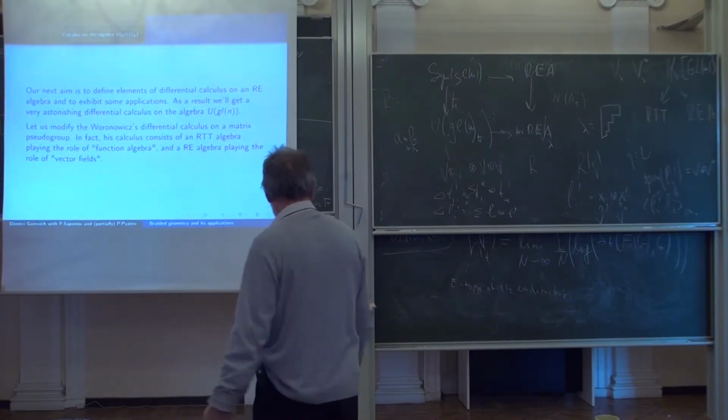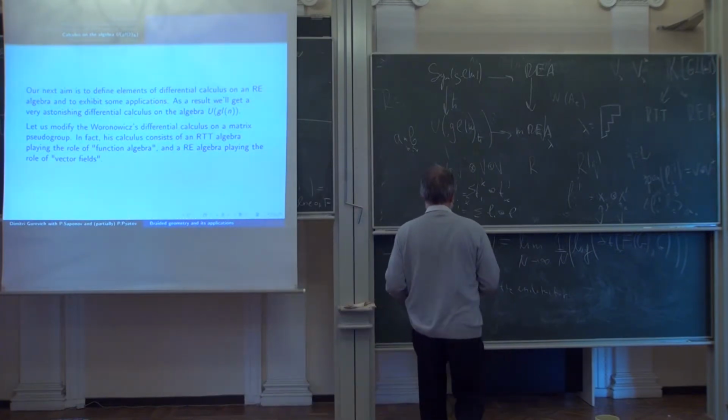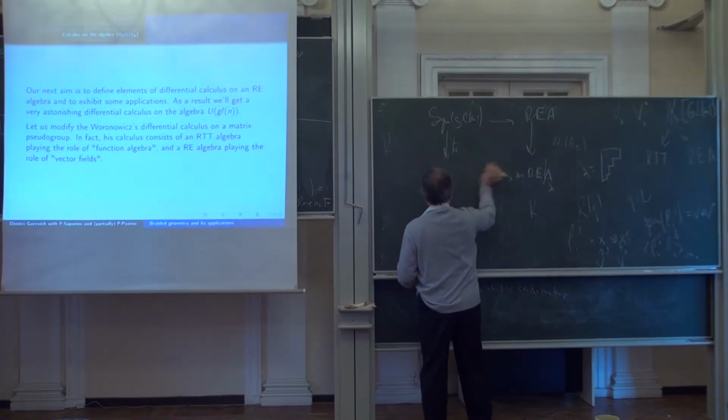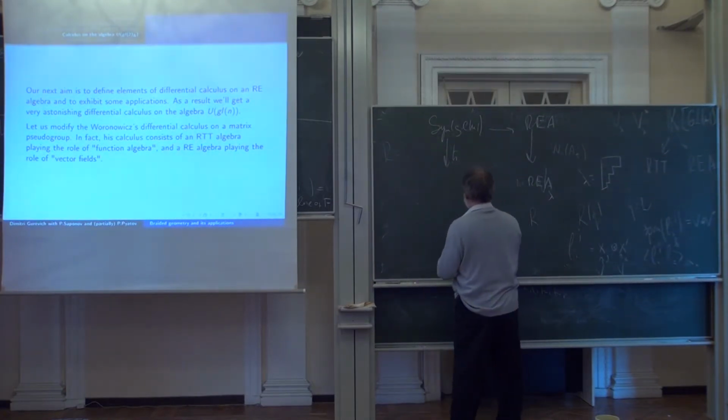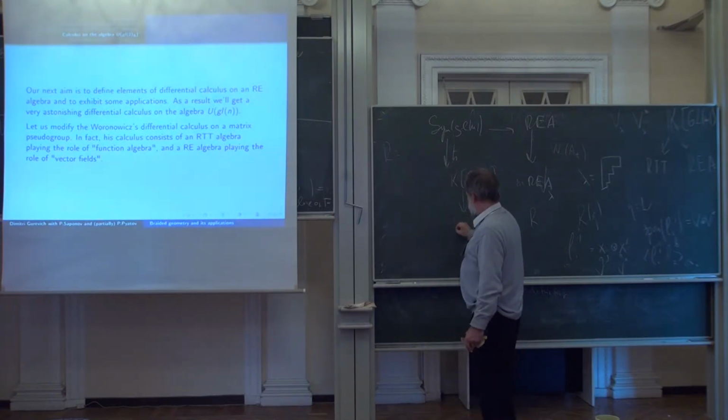Now, I would like to pass to differential calculus in the sense of Voronovich. What is the calculus of Voronovich? Finally, Voronovich considered the algebra on GLN, and by quantizing that, he considered the RTT algebra.